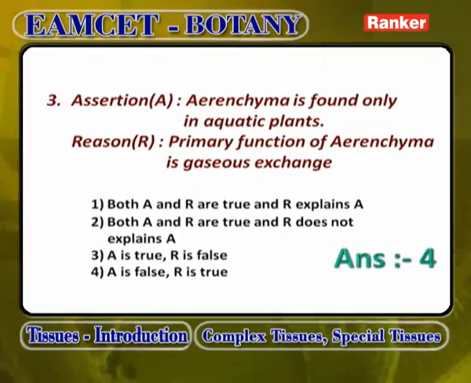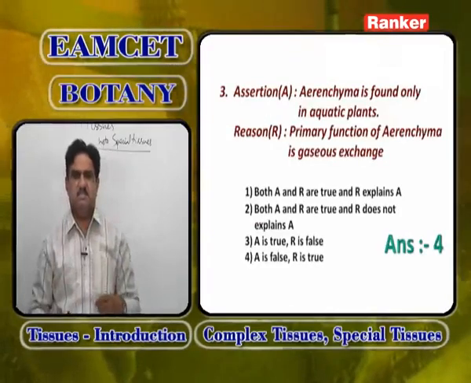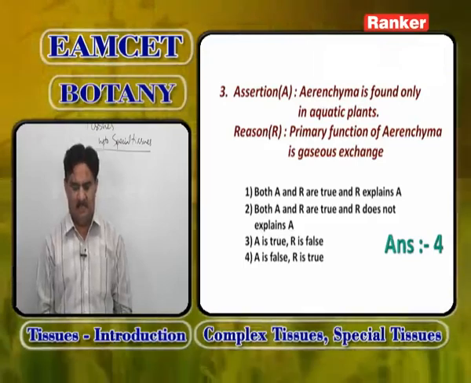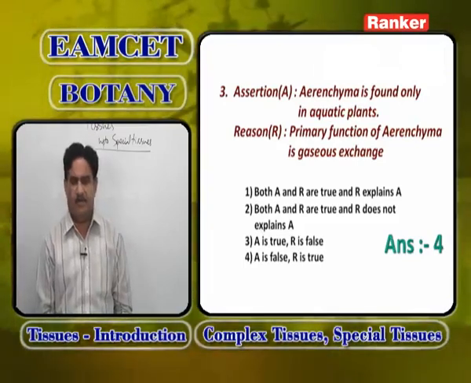This is an assertion and reason question. Assertion A: Aerenchyma is found only in aquatic plants. Reason: Primary function of aerenchyma is gaseous exchange. The reason is correct, because the primary function of aerenchyma is gaseous exchange, and it also helps in providing buoyancy. But aerenchyma is found only in aquatic plants is wrong.